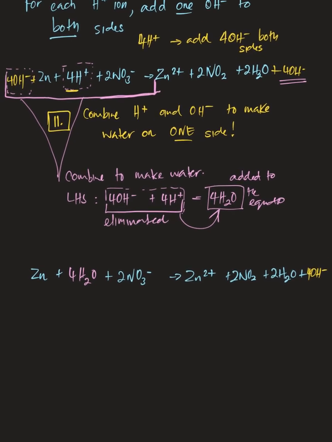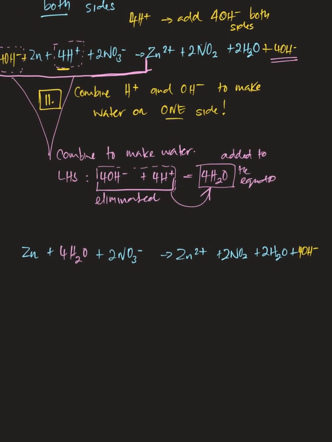And that's what my equation is currently looking like. Notice that on this right hand side, nothing happens, because there are no H plus ions, so H2O cannot be formed. And I said that before.